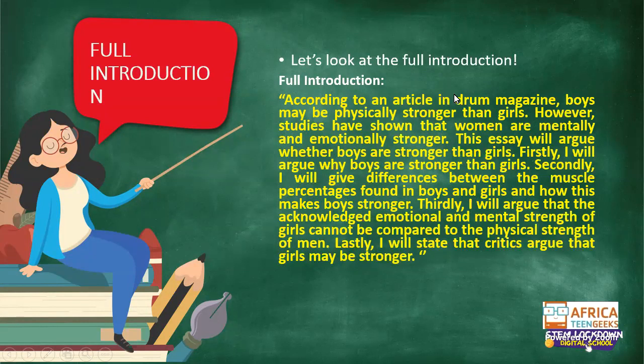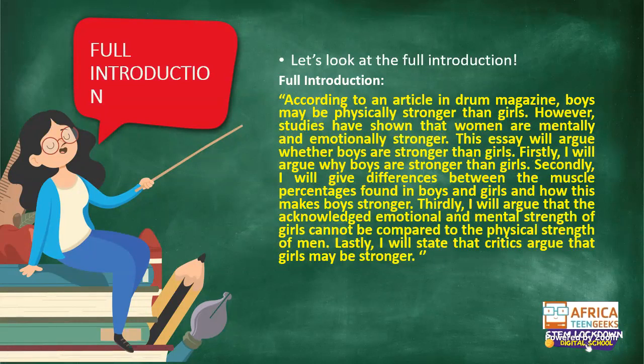According to an article in Drum magazine, boys may be physically stronger than girls. However, studies have shown that women are mentally and emotionally stronger. This essay will argue whether boys are stronger than girls. Firstly, I will argue why boys are stronger than girls. Then secondly, I will give differences between the muscle percentages found in boys and girls and how this makes boys stronger.